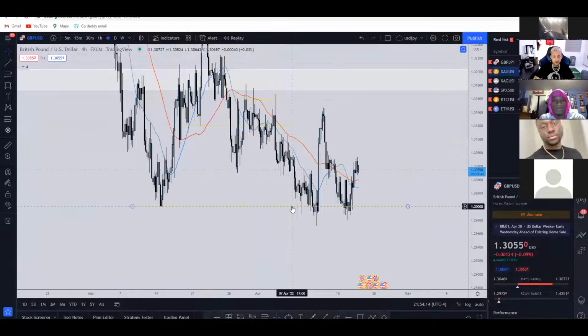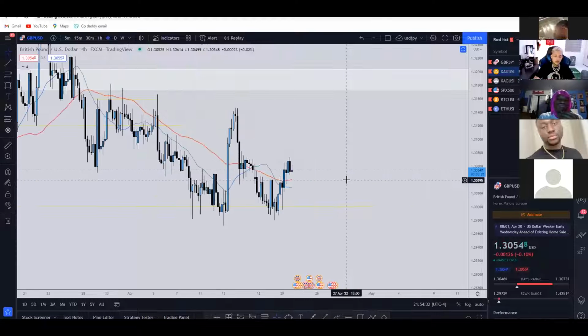The 1.304 on GU, on the 4-hour. So here, yeah, somewhere there. That's how it was support and resistance. I mean, you could, but it's.